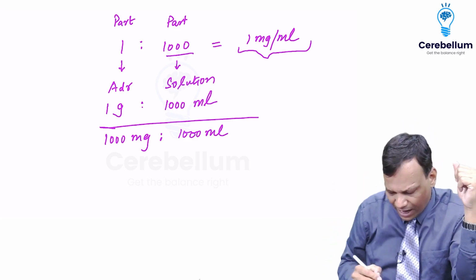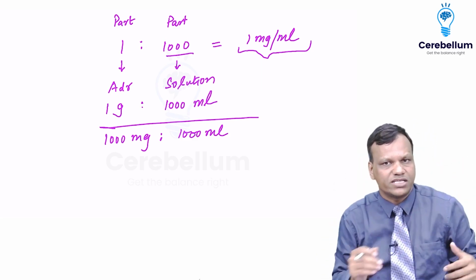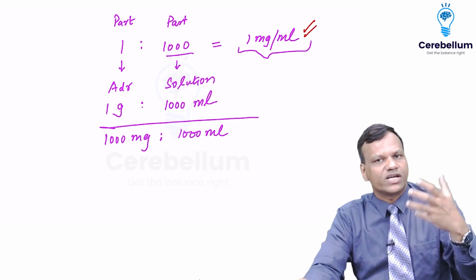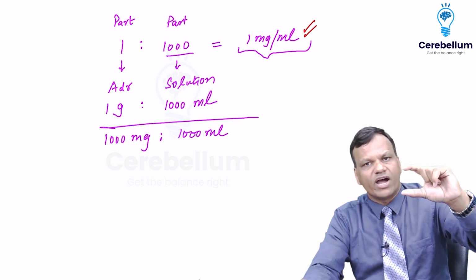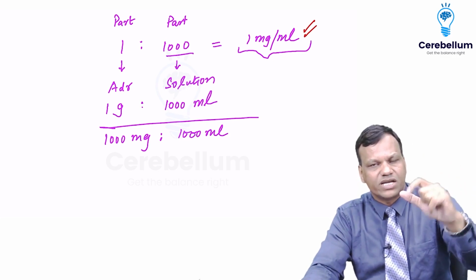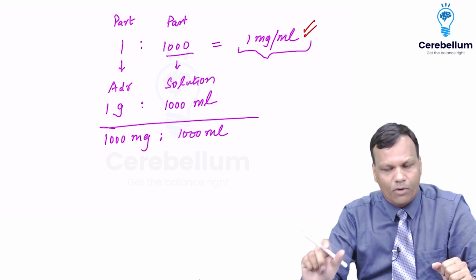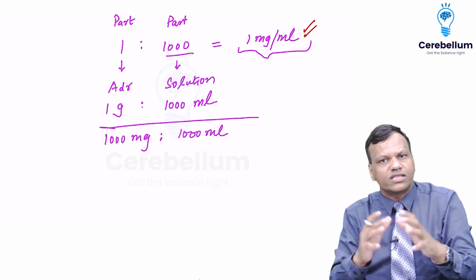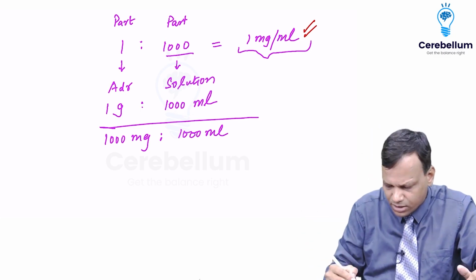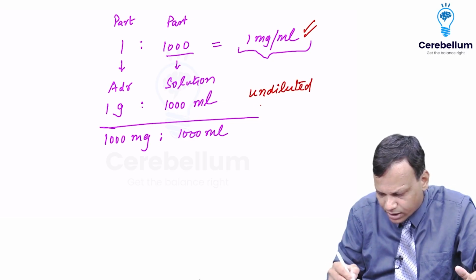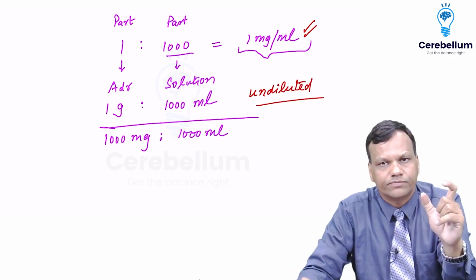In every hospital there is an emergency tray. Adrenaline is already prepared as 1:1000, or we can say 1 milligram per ml. The vial already contains that. So whenever a person comes in an emergency, we will break the vial, load and inject. Clear? The important thing is we will not further dilute. It is already 1:1000. So many times what we say is adrenaline is given undiluted in anaphylactic shock.